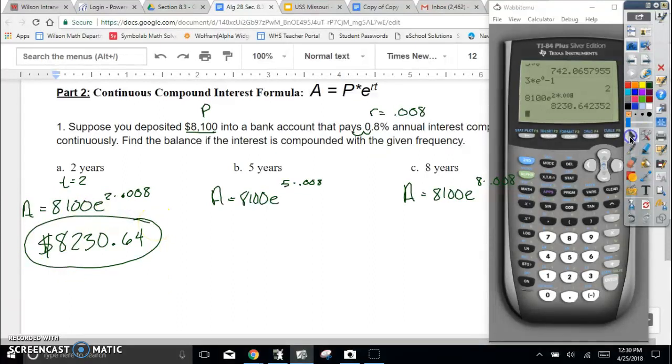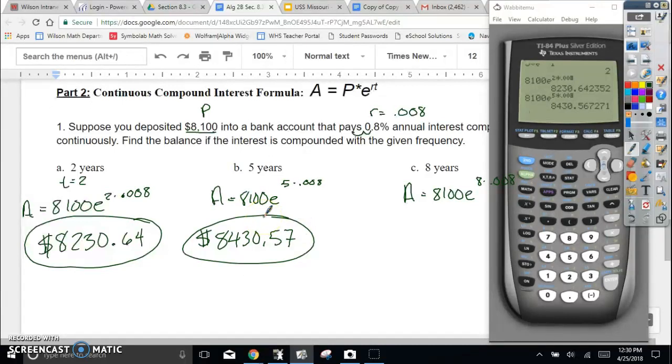Okay. The copy-paste would be second enter, where you can go up and highlight it, and then change it, hit enter, and it'll repeat it. But I want this to be 5 now. So after 5 years, we're looking at $8,430.57. Remember, you're always rounding to the nearest penny.